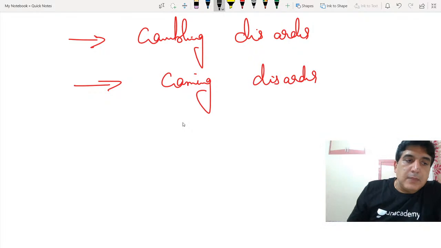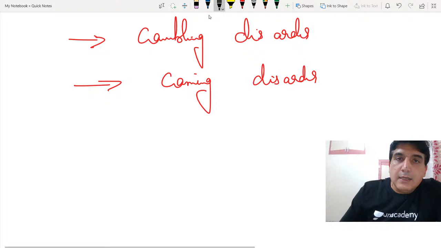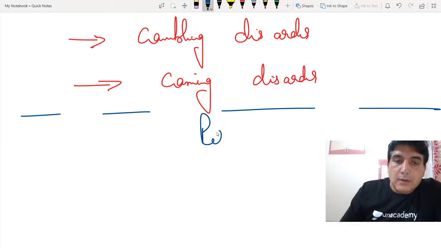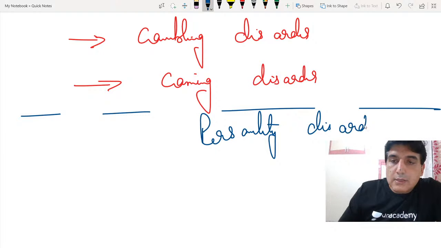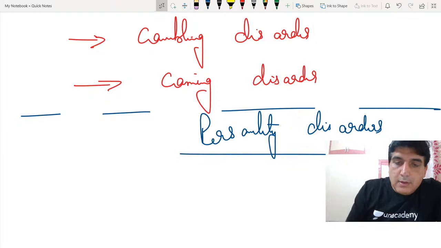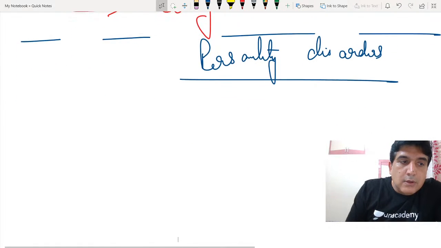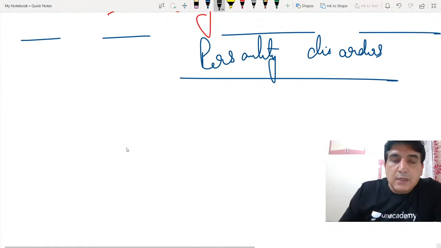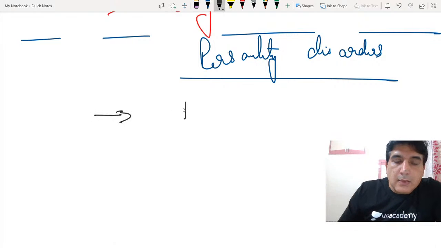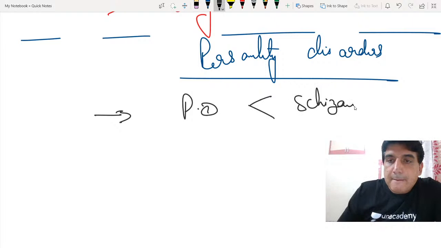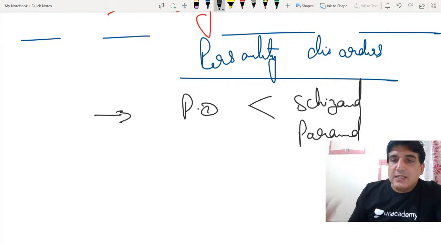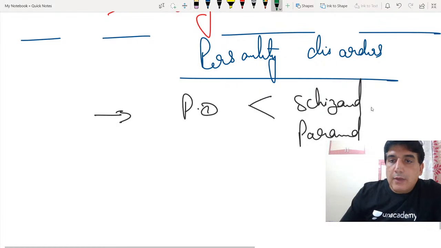Correct. Apart from that, we have personality disorder. In personality disorders, the earlier classification types like schizoid, paranoid, schizotypal, and narcissistic have all been removed.